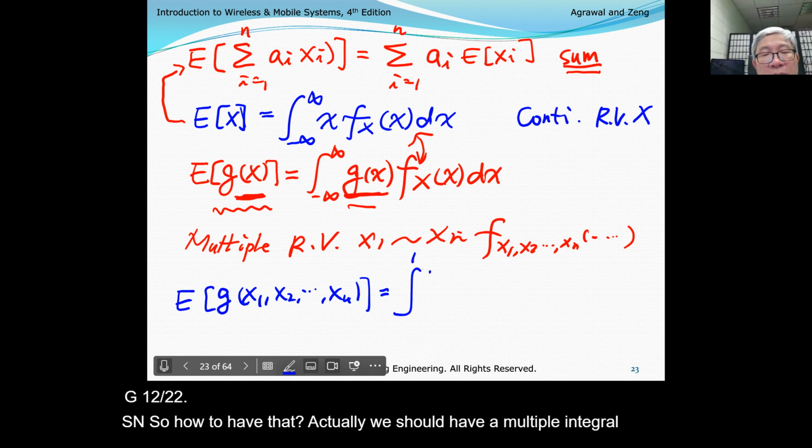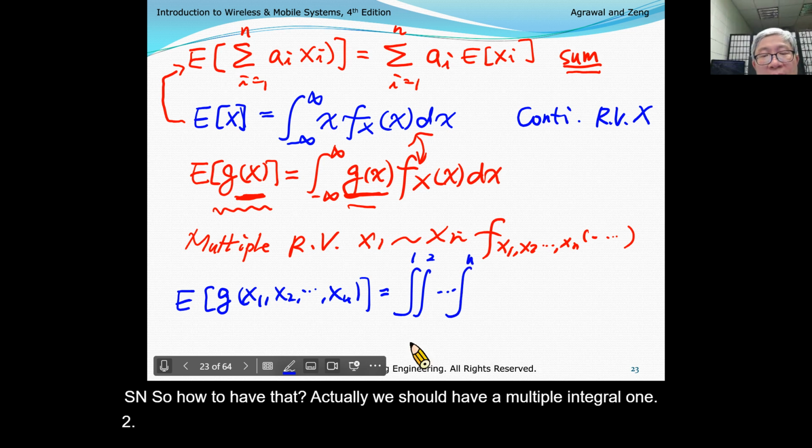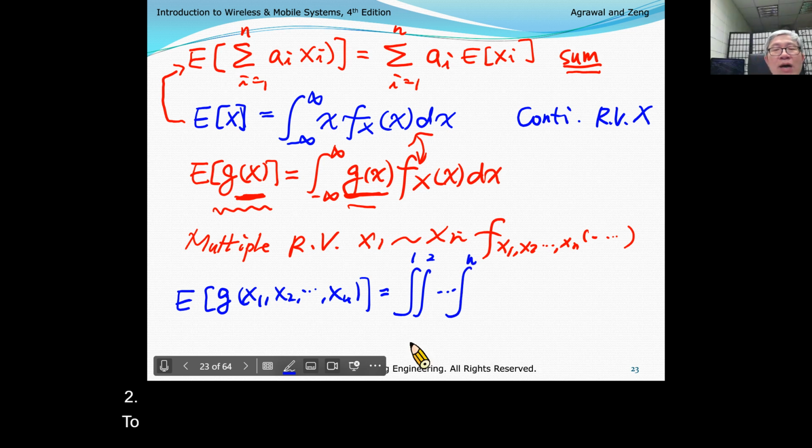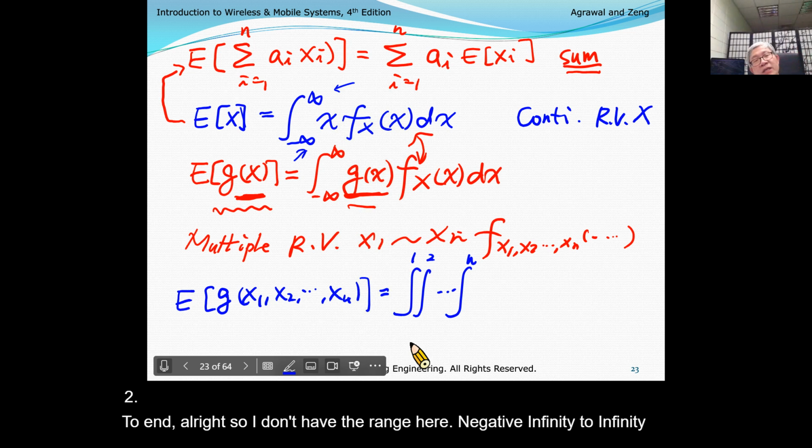I don't have the range here, negative infinity to infinity, I leave them empty.